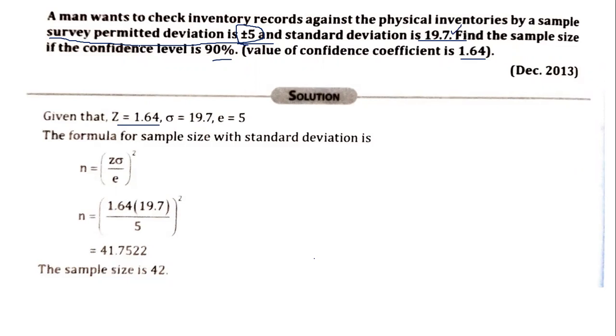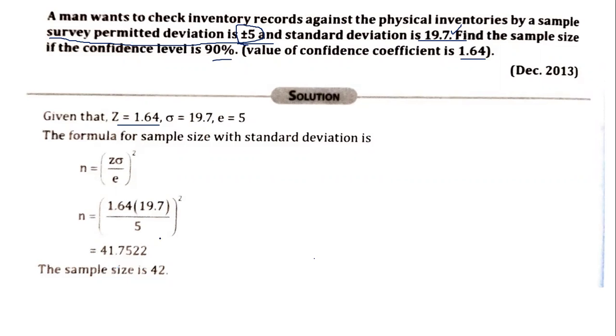Okay, and then the permissible error, they have told, there can be a difference of plus 5 or minus 5. So plus and minus is already included, so I will only take the number, that is 5. Now, since this is a direct standard deviation problem, the formula for that will be n is equal to z into standard deviation divided by the margin of error, to the power square.